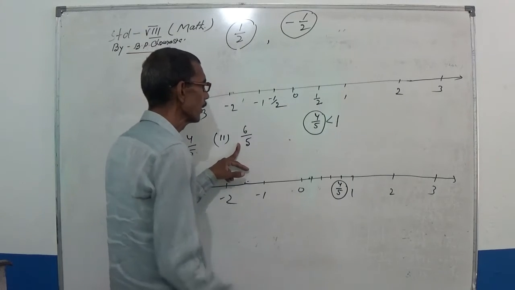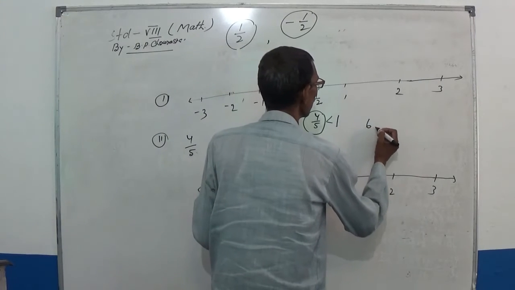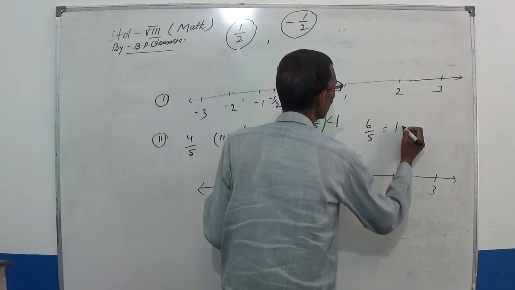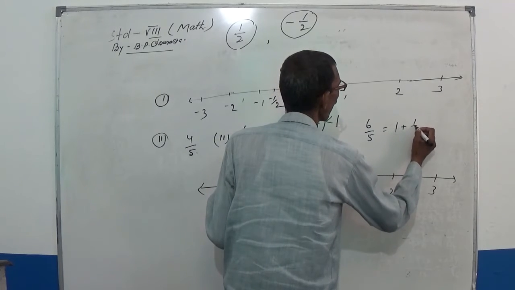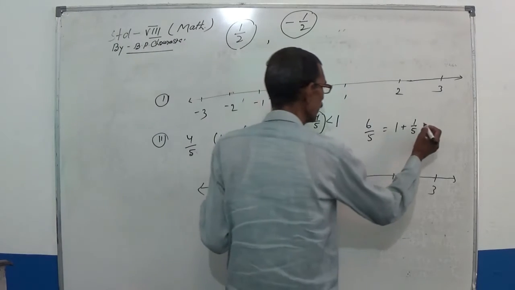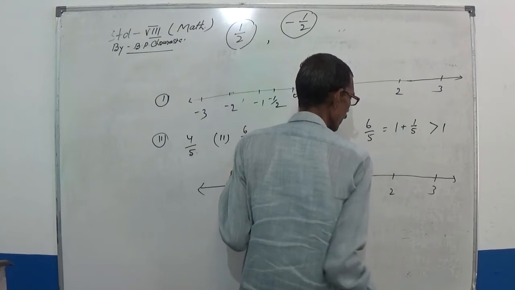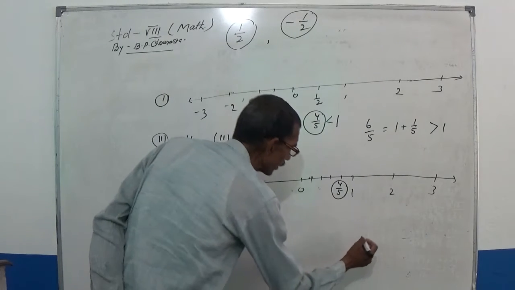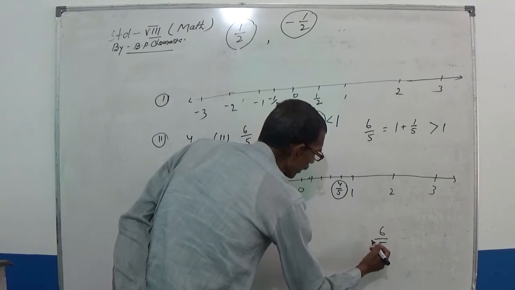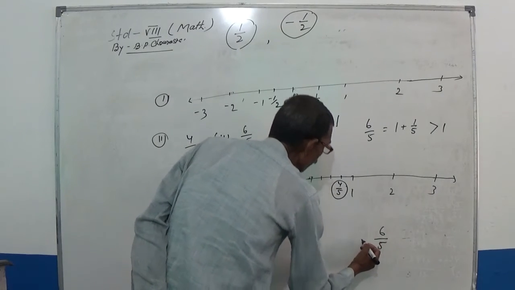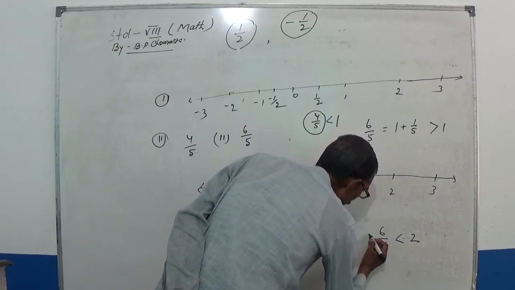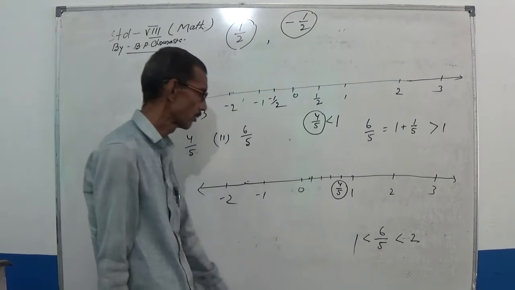6 by 5. 6 by 5 means 1 plus 1 by 5. Clearly this is greater than 1. It means the position of 6 by 5 lies between 1 and 2, less than 2 and greater than 1.